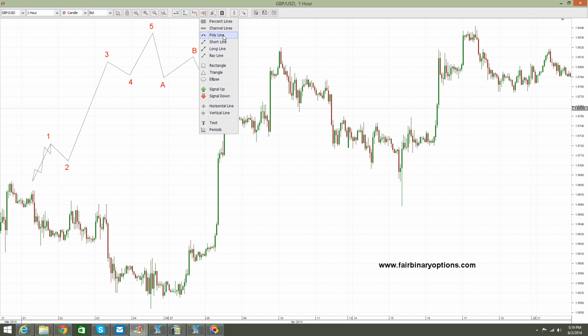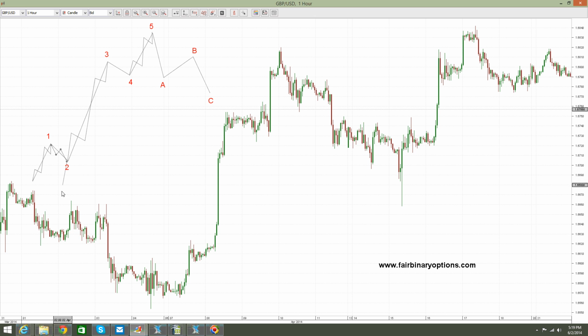So the 3rd wave should be formed out of 1, 2, 3, 4, 5, but of a lower degree. The 5th wave as well should be formed out of 1, 2, 3, 4, 5, of a lower degree. And then, of course, the corrective waves should be formed out of a 3-way structure, either simple or complex, A, B, C.